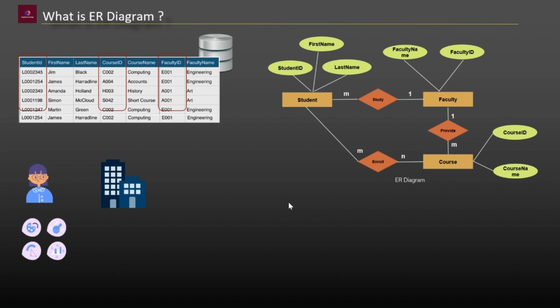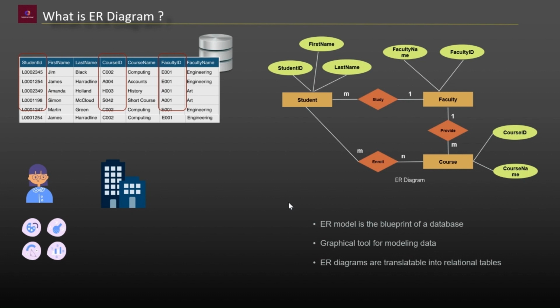In software engineering, an ER diagram is often an initial step in collecting requirements for an IT project. It is like a blueprint of a database that allows us to draw a database design. It is also an easy to use graphical tool for data modeling, which helps to describe entities, attributes, and relationships.